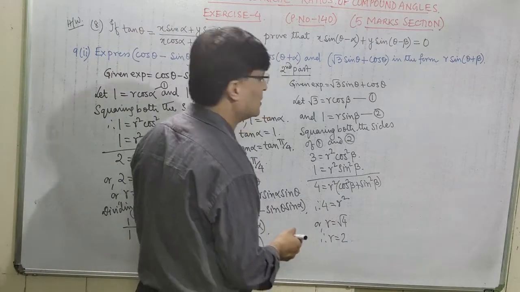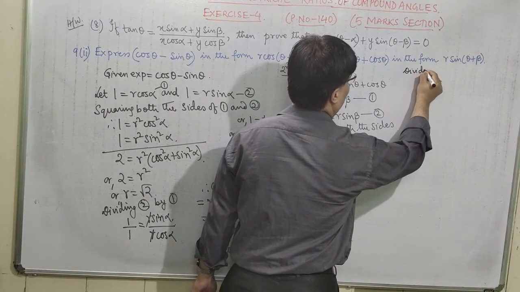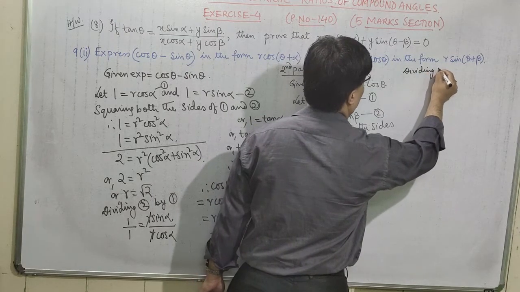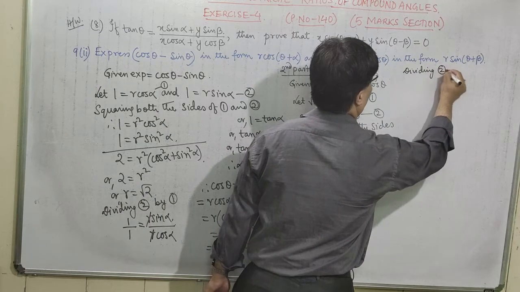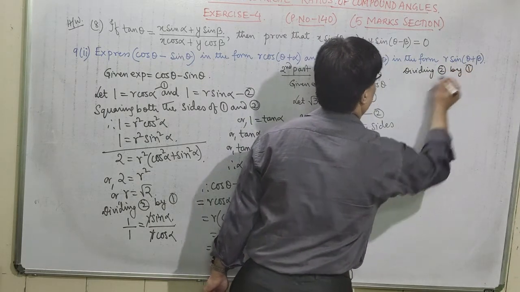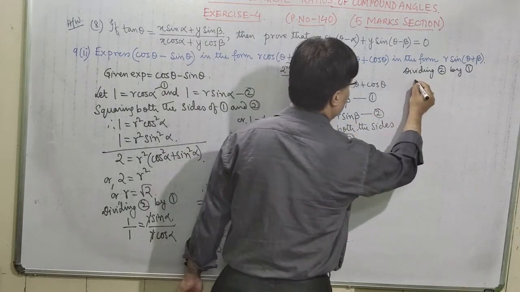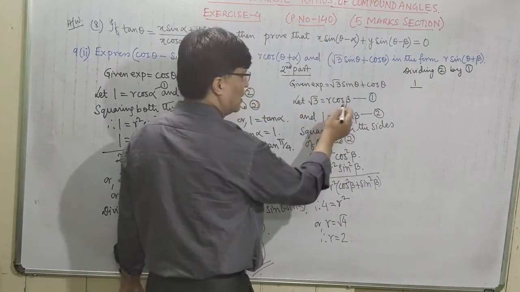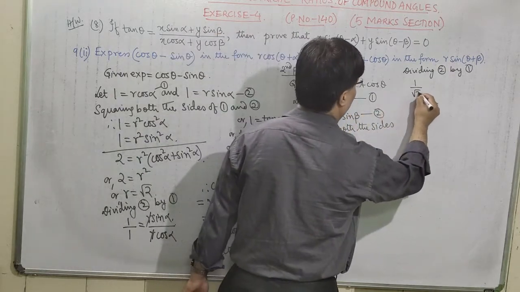Now we have to divide 2 by 1. So dividing 2 by 1. You may write dividing 1 by 2. Dividing 2 by 1 or 1 by 2. So let us write dividing 2 by 1. Now write down left hand side of number 2 in the numerator, 1 divided by, and left hand side of number 1 in the denominator, 1 by root 3.